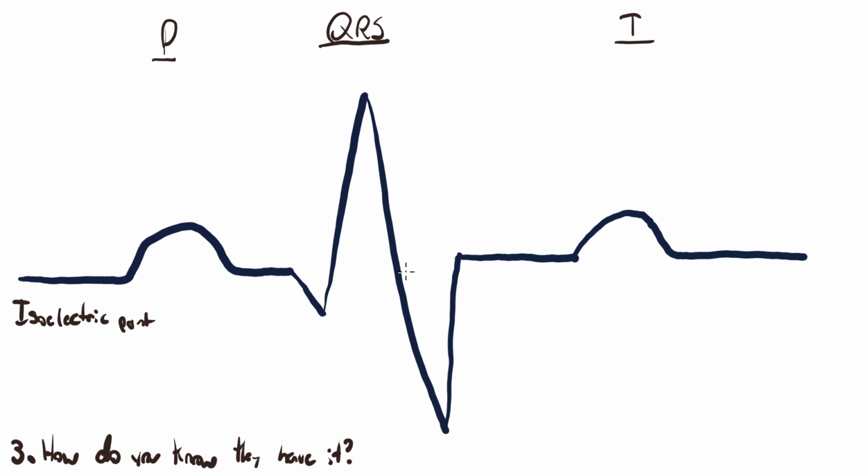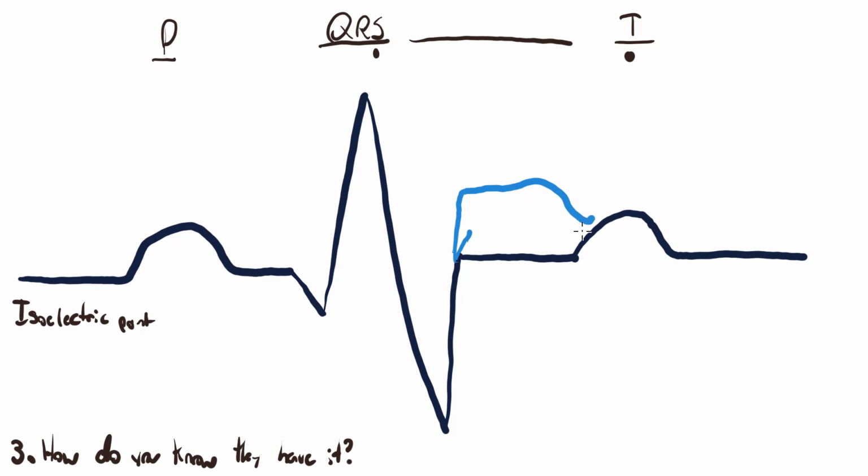An ST segment elevation is where this portion, so you have your S and you have your T, this area in between would not be on the isoelectric line. We'll use a different color, it would be elevated. That would be a problem.